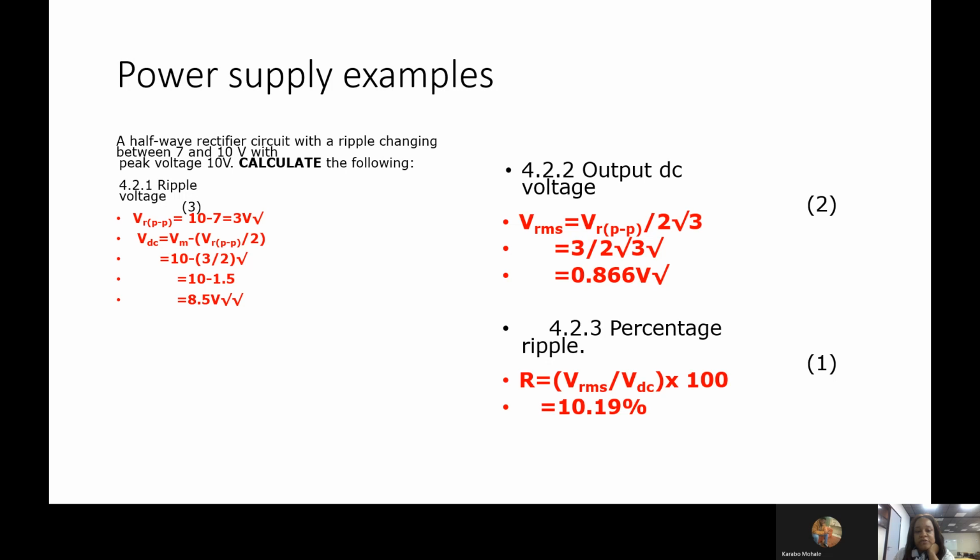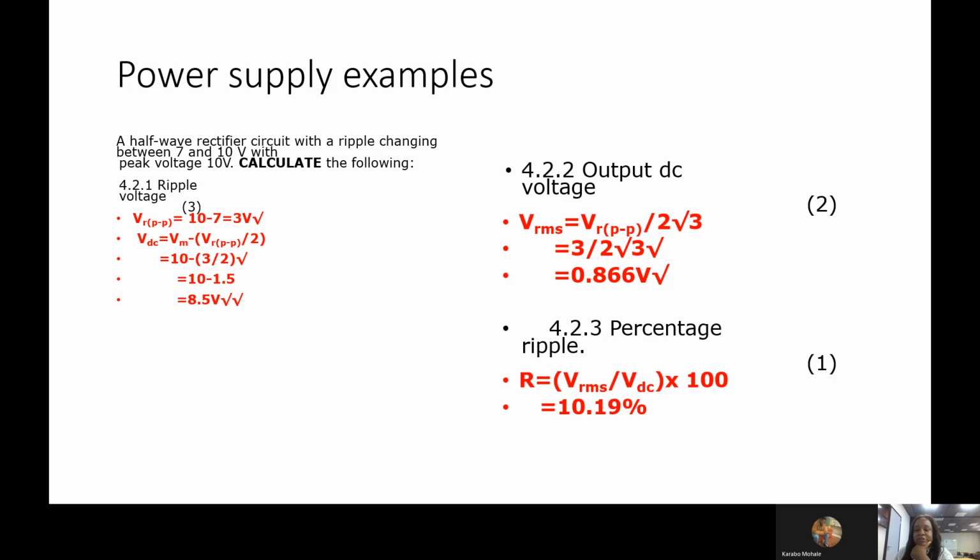So you have to work out the ripple voltage using, oh, I confused them too, sorry. You use the peak to peak and then you put this part here. The second part, that 4.2.2, the red part, is the answer for the first one. So it's going to be ripple peak to peak divided by 2 square root of 3.